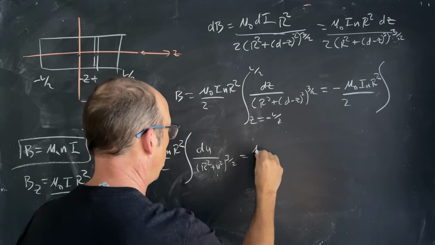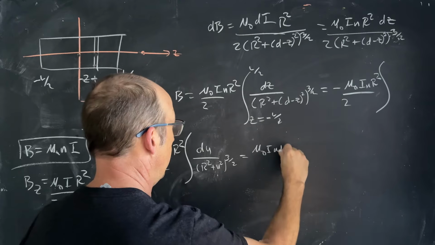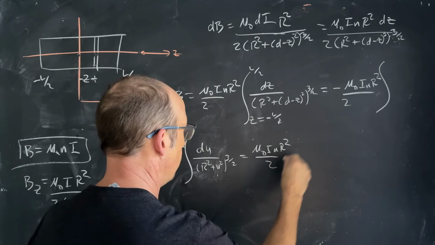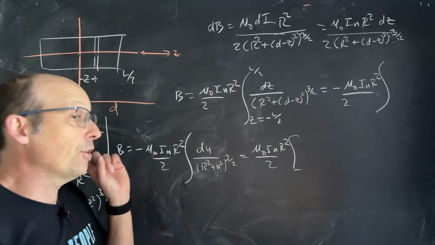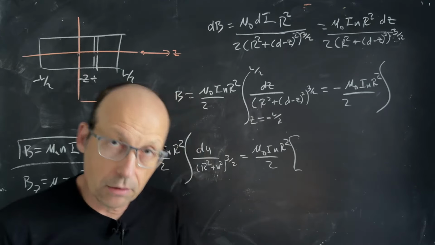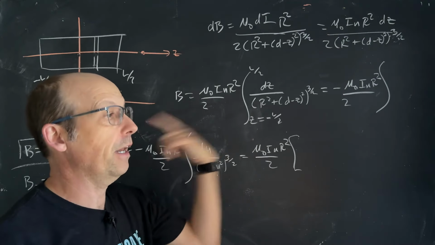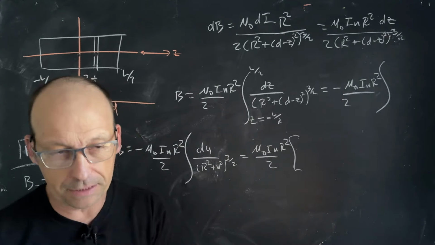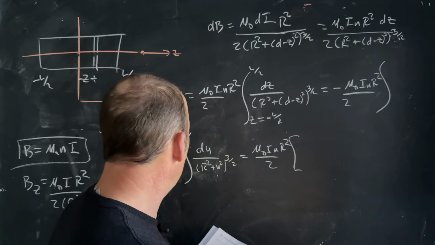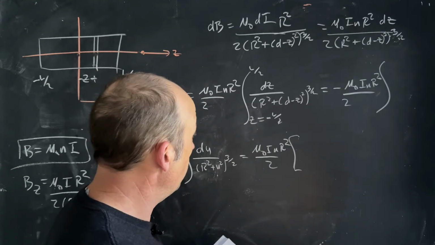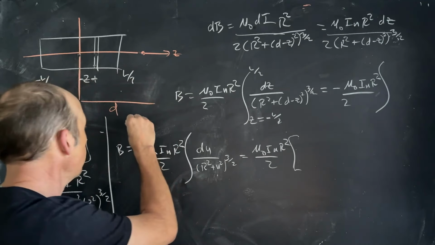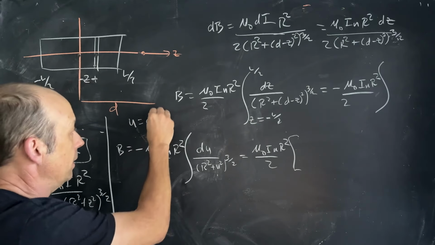I get mu naught I n r squared over 2. I'm going to do a double whammy here: I'm going to integrate and resubstitute back in my z. I get x on the top, which is u, so u is d minus z.